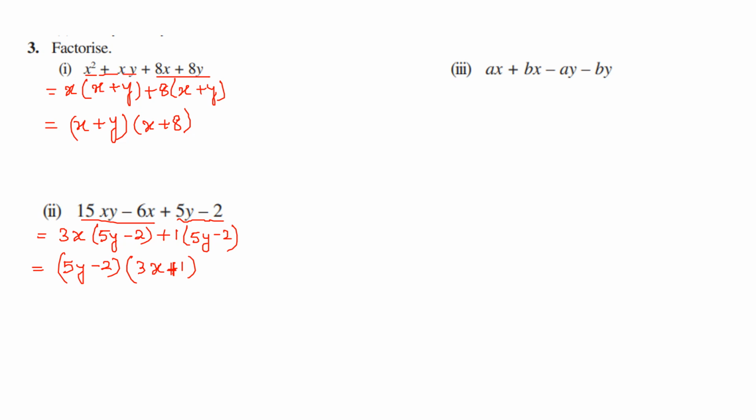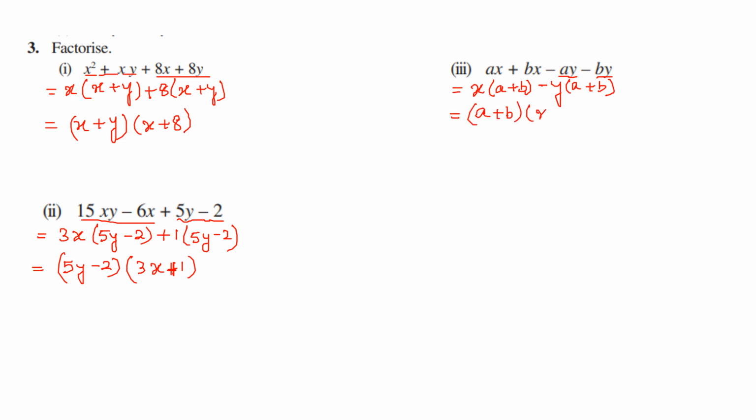So I can write it here as x common, so it will be a plus b, and here I am taking minus y common, so it will also be a plus b. Now when there is a minus, you have to be very careful. Minus y into a will give me minus ay, and minus y into plus b will also give me minus by.